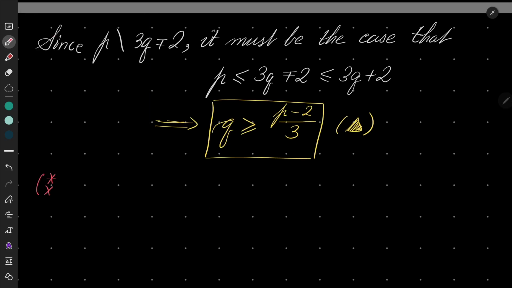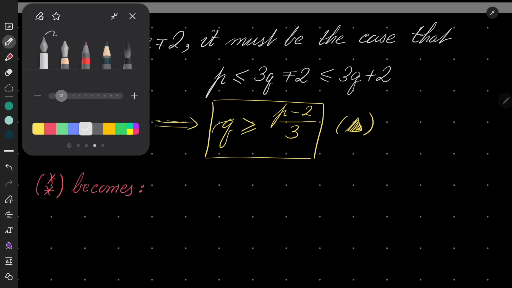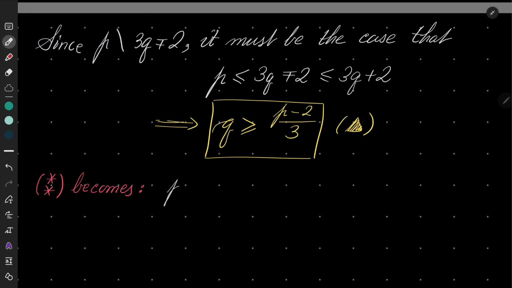So our condition double asterisk becomes the following: p q squared plus or minus 6q minus p squared plus 4 should be equal to 0.